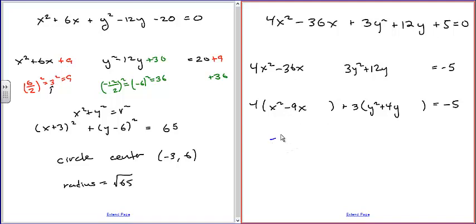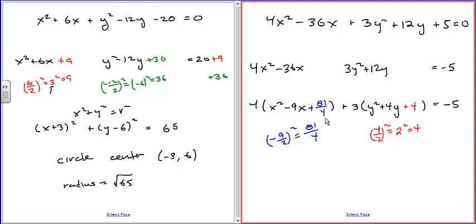Now we take the coefficient in front of the x, divide by 2, square it. So that's 81 over 4. So we're going to add 81 fourths. Over here, we take 4 divided by 2, square it. That's 2 squared, which is 4. So we're going to add 4.